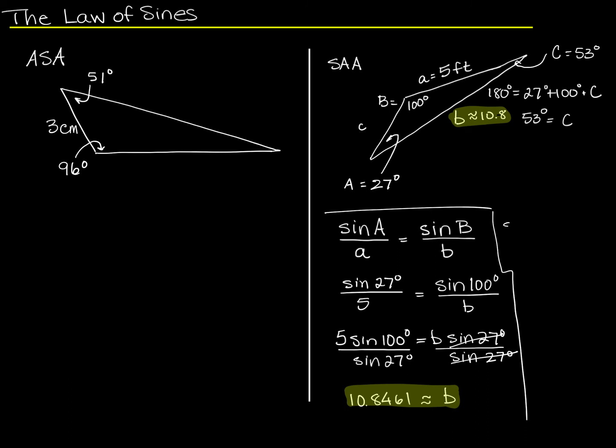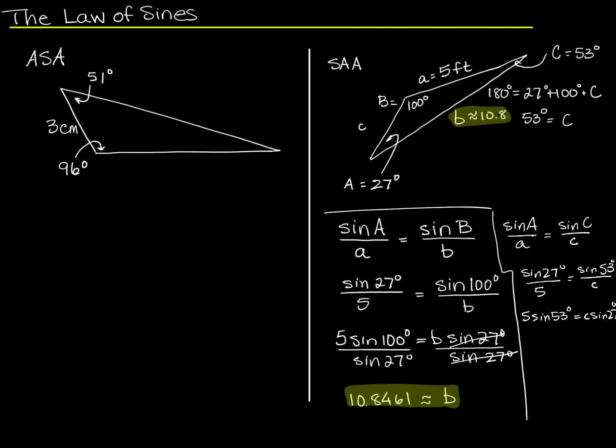I know that sine A over A is equal to sine C over C. That means that the sine of 27 over 5 is equal to the sine of 53 over little c, and I don't know what that is. But that's 5 times the sine of 53 equals c times the sine of 27.